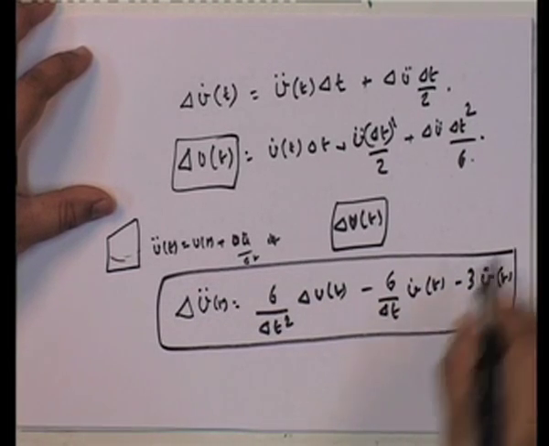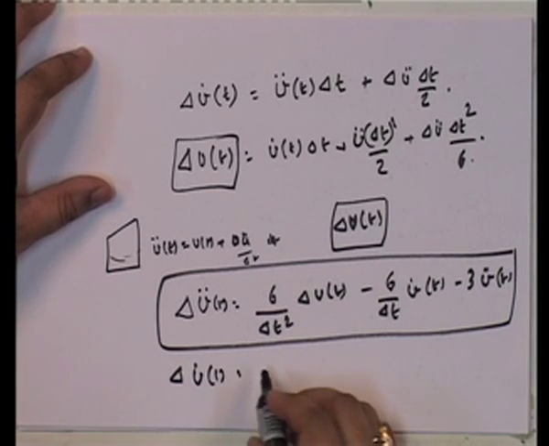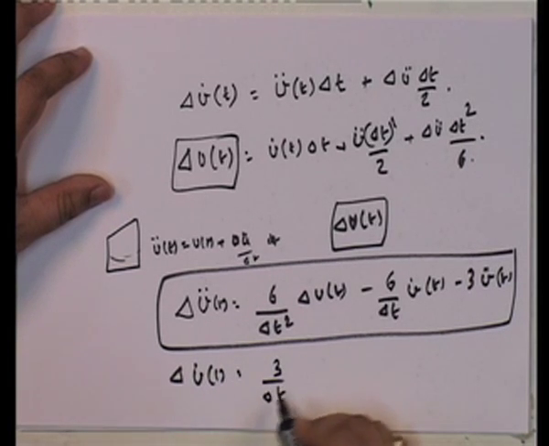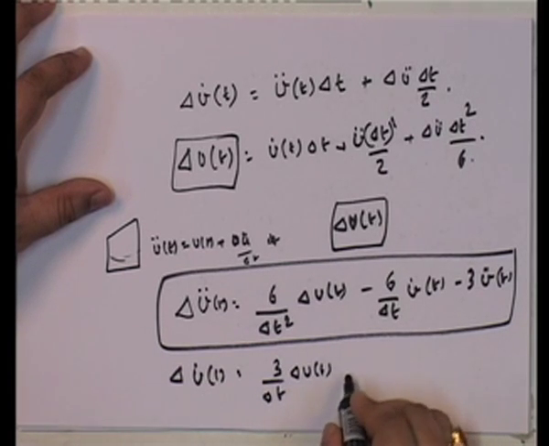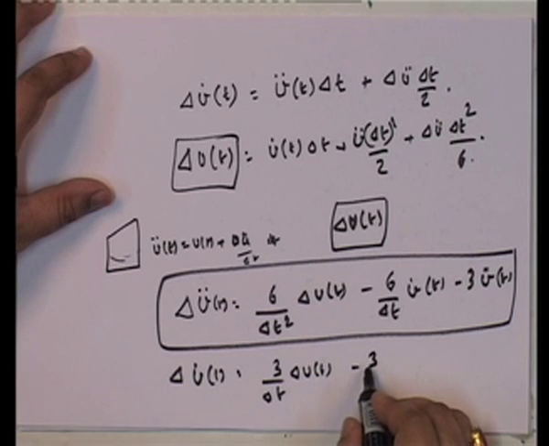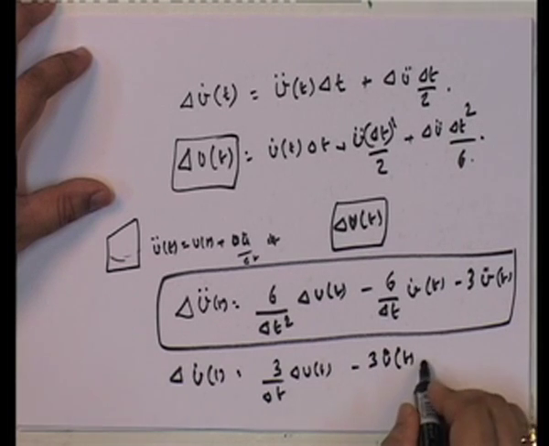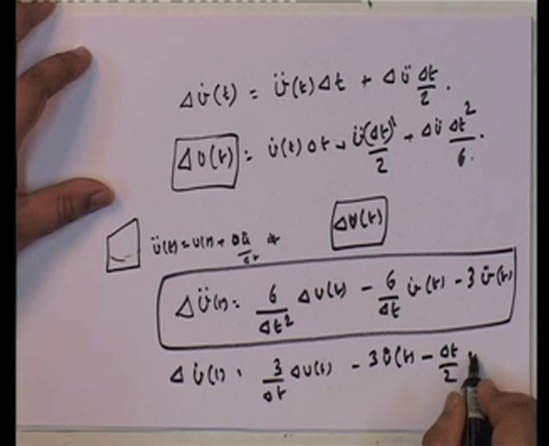This is for delta v double dot, and delta v dot of t becomes equal to 3 upon delta t, delta v of t minus 3 v dot of t minus delta t by 2 into v double dot of t.